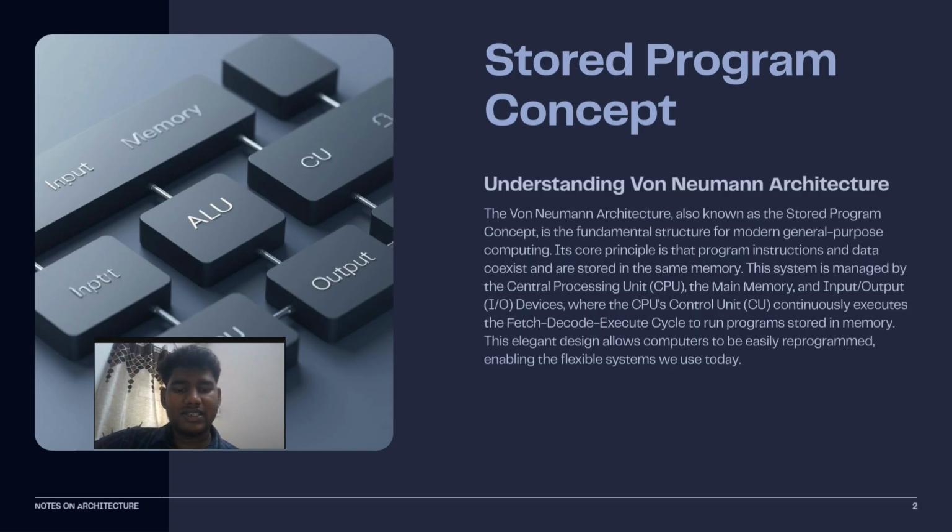The CPU is where the magic happens, containing the arithmetic logic unit, ALU, for performing calculations, and the control unit, which acts as the system manager, directing the continuous fetch, decode, execute cycle that brings any program to life.